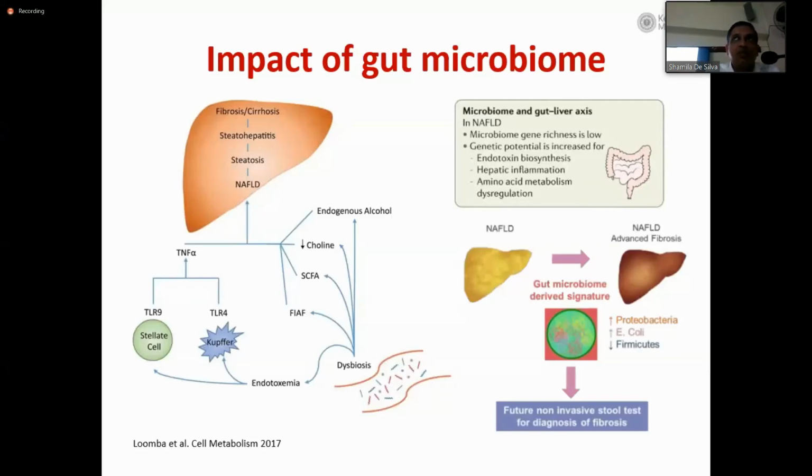So this probably will be useful in identifying patients non-invasively. So to see which patients have fibrosis in the future, we might collect a stool sample and do microbiome studies to identify those who have fibrosis. So it's turning out to be a signal or signature of advanced disease as well.